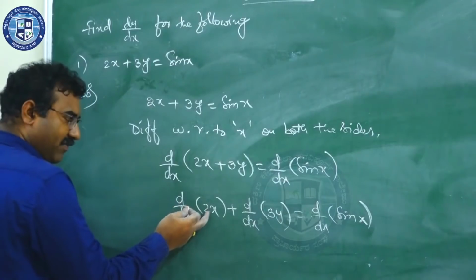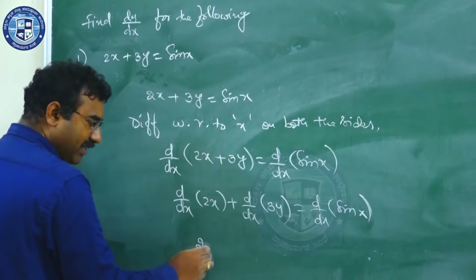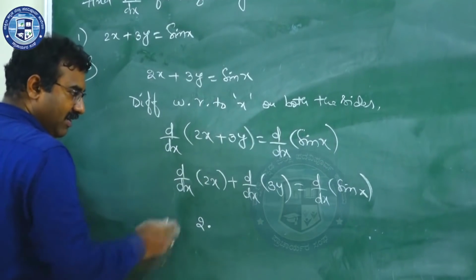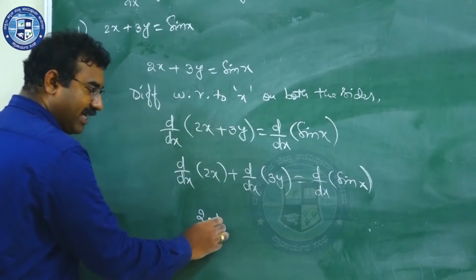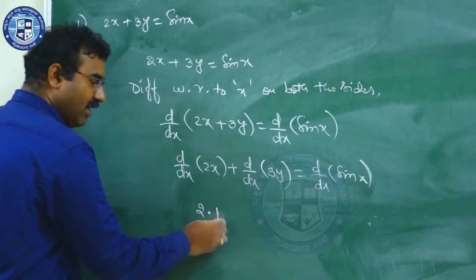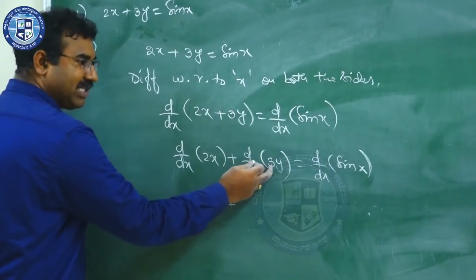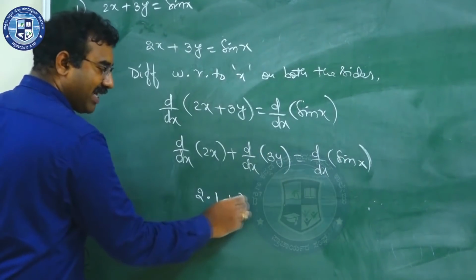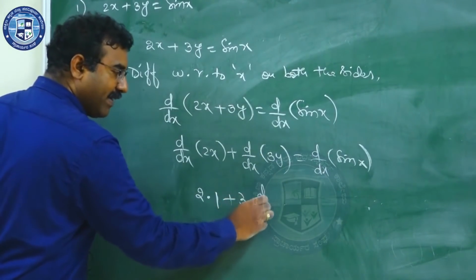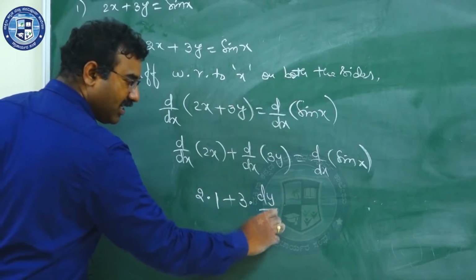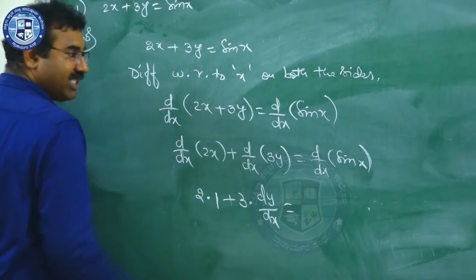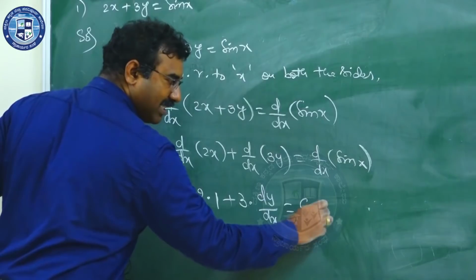Here d by dx of 2x, 2 is a constant, we just keep it outside. D by dx of x, what do you get? 1 it is, right? Plus d by dx of 3y, 3 is a constant, we can write it outside, 3 into d by dx of y is dy by dx, is equal to d by dx of sin x, which is cos x.